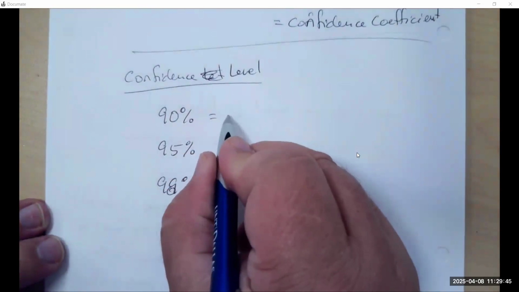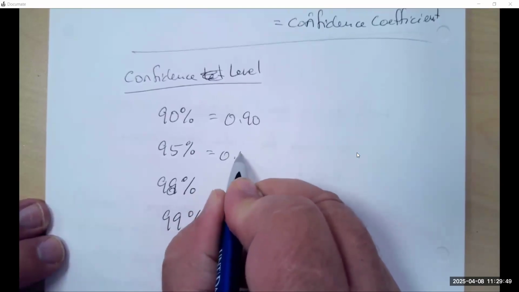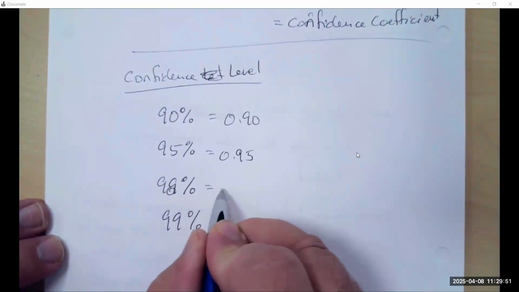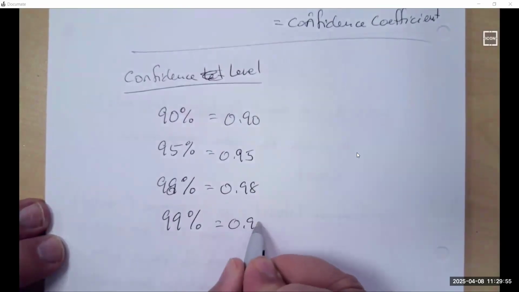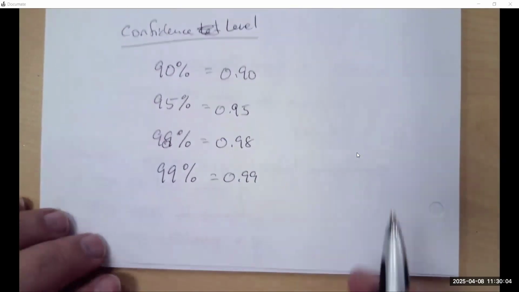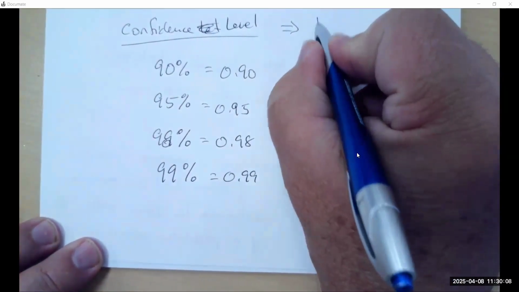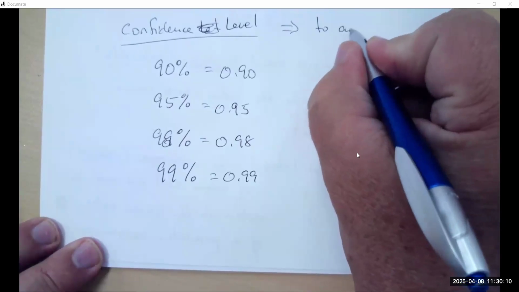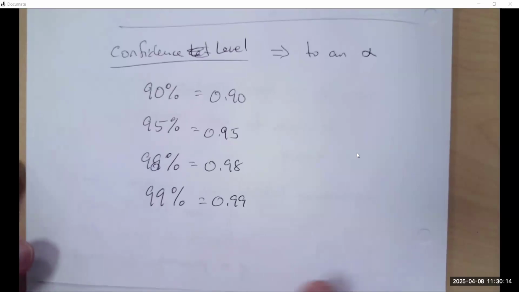So these would be written as 0.90, 0.95, 0.98, 0.99. These correspond to an alpha.